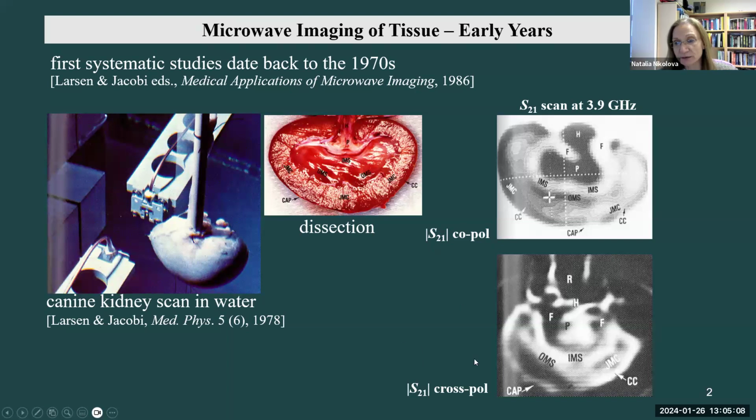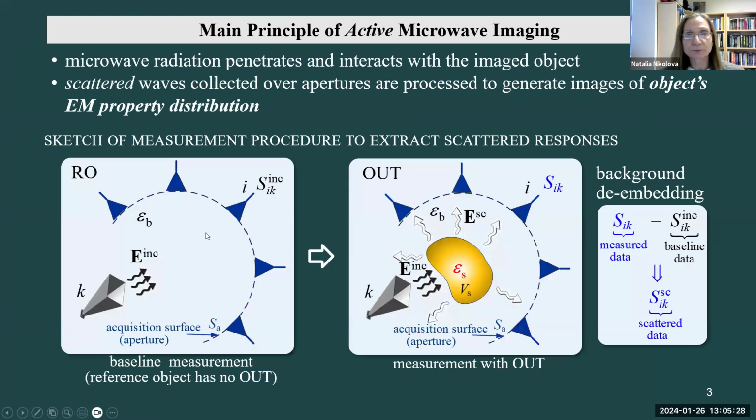As expected, the cross-pole plots capture better the edges and smaller inclusions inside the object, whereas the copole measurement provides a better overall mapping of the permittivity distribution of the object. So with this example, we now come to appreciate what active microwave imaging is about.